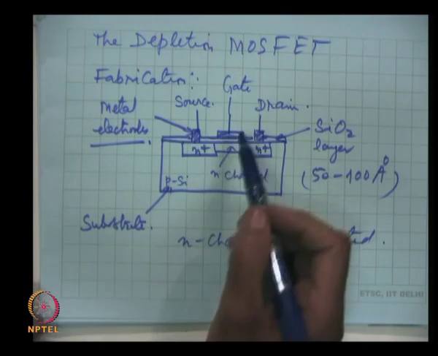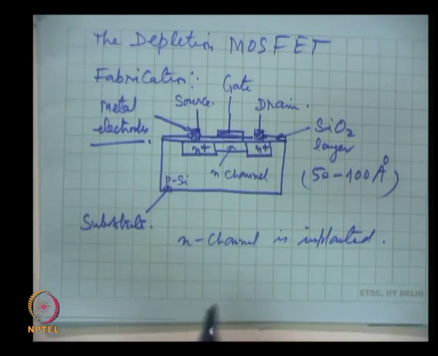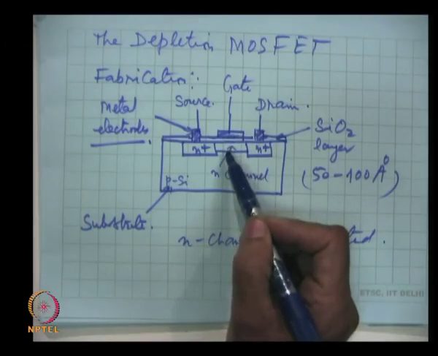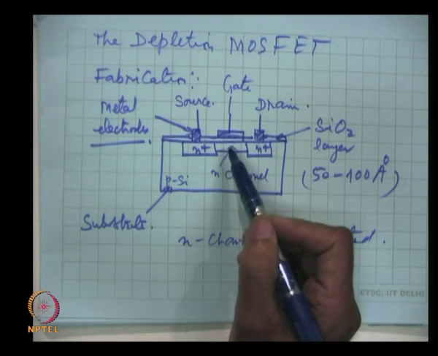To make my points clear, I will make a bigger figure, but let me point out one big difference with JFET. In JFET, in the N type, the gate voltage was necessarily negative, reverse biasing the junction. Here below the gate there is no PN junction.